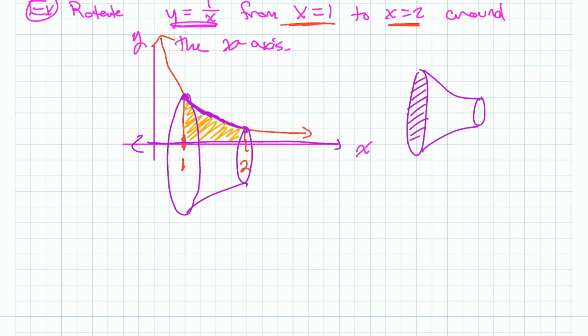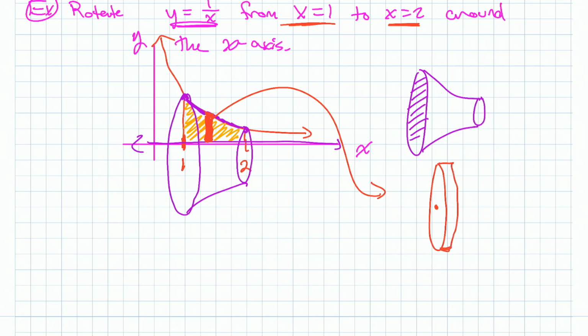If you take a little slice out of it, like a little rectangle there, and you take just that piece and rotate just that around the axis, you end up with this kind of shape.